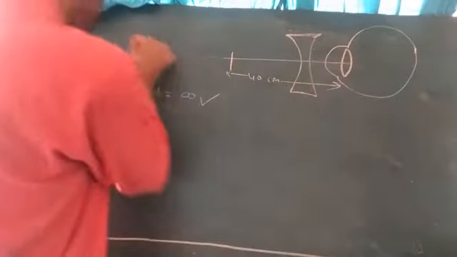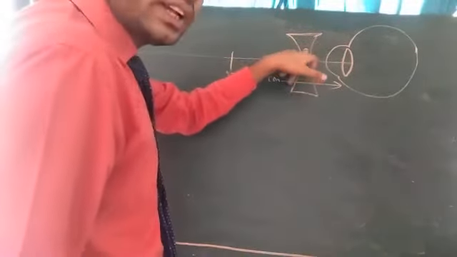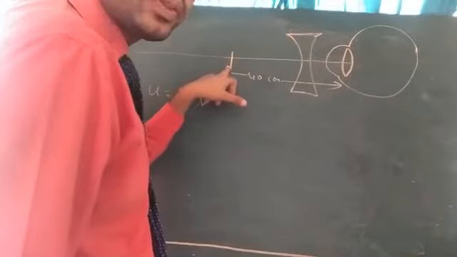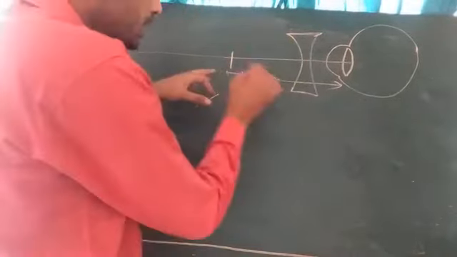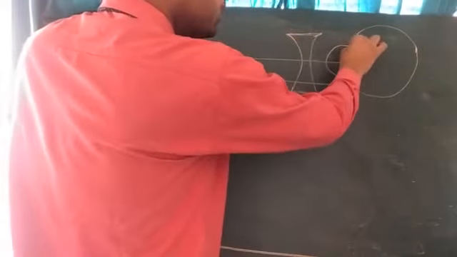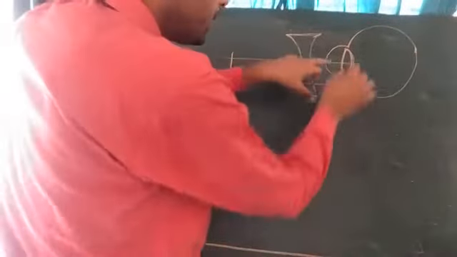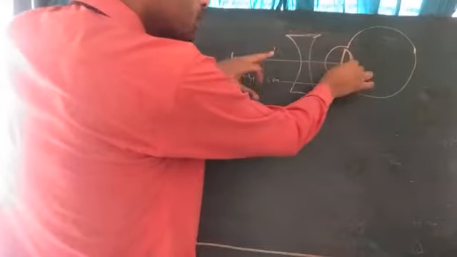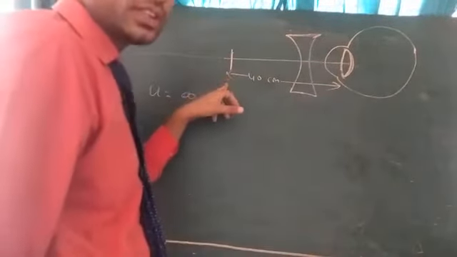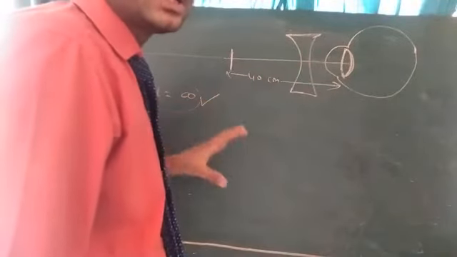Understand? Where is the object placed? At infinity. By using this lens, we have to find the image at 40 centimeter, because at 40 centimeter our eye lens can see properly, and by using this lens we have to see the object at 40 centimeter. Then we can see the object clearly.